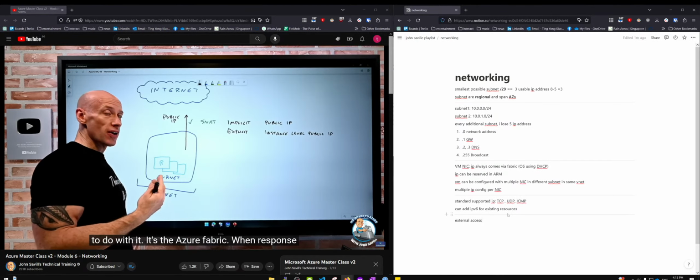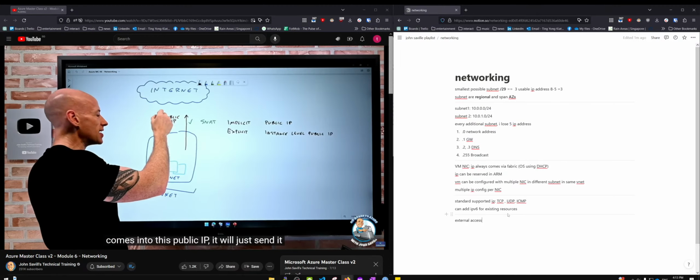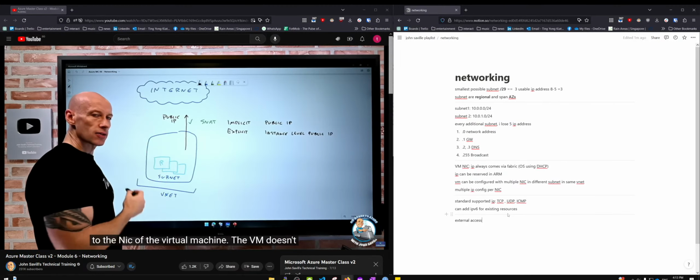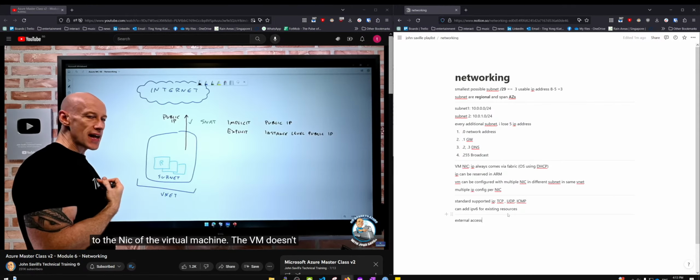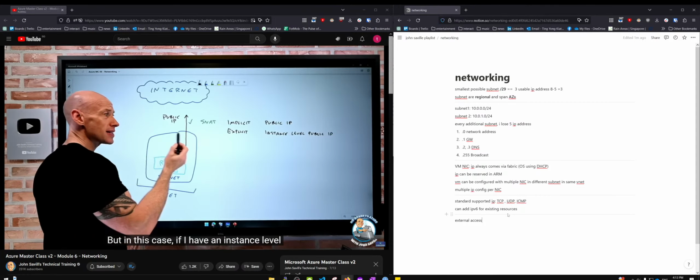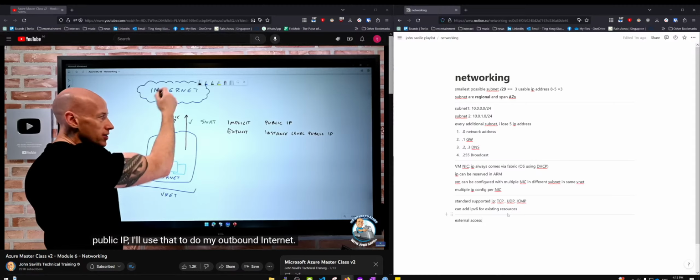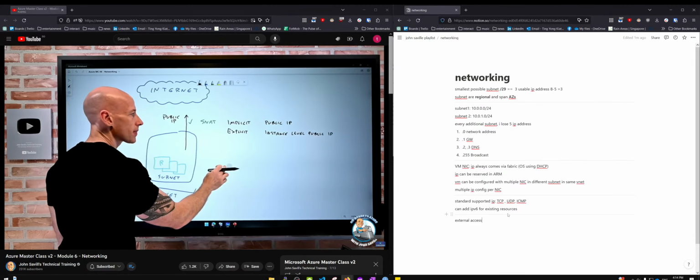It has nothing to do with it. It's the Azure Fabric. When a response comes into this public IP, it will just send it to the NIC of the virtual machine. The VM doesn't know it has that public IP. But if I have an instance level public IP, I'll use that for my outbound internet.